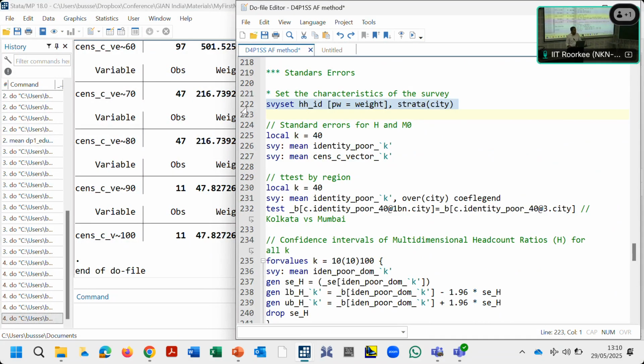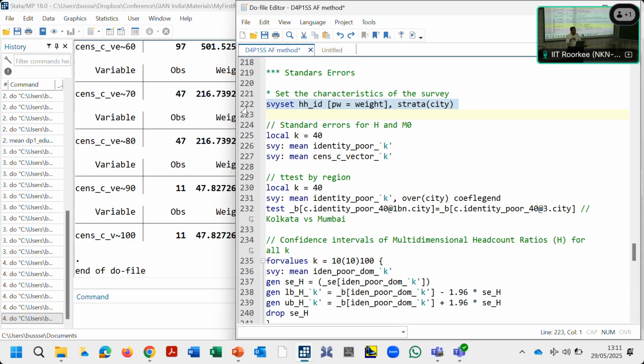Your data were collected using strata and PSUs, right? So if you define them early, you do not have to write aw equal to weight all the time. And your standard error will be adjusted for the strata and PSU, the stratification.